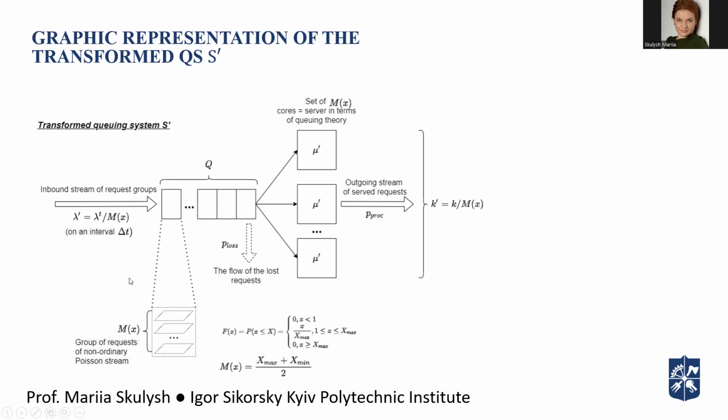M is a group of requests, not an ordinary Poisson stream, so it's a group of requests, and these requests should be accounted for as lost requests. Because when a request stays in the queue longer than is allowed by the SLA, then this request can be lost.